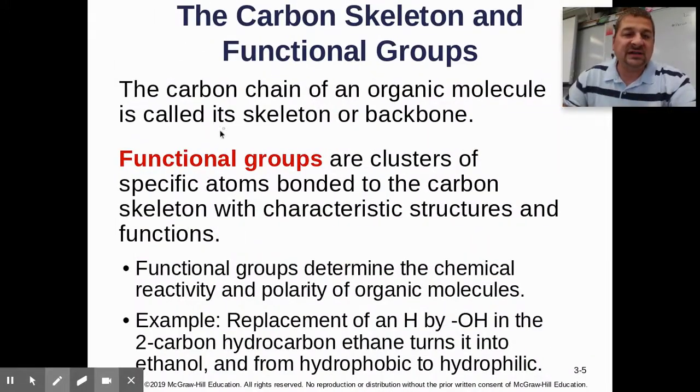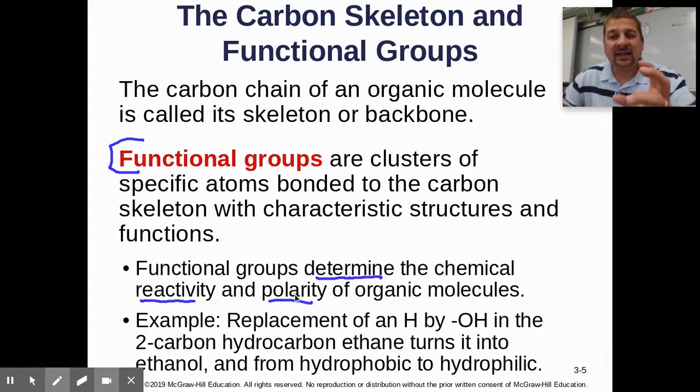Off of those carbon chains, you can have what we call functional groups attached. These functional groups are important because they determine the chemical reactivity, the polarity of whatever biomolecule that functional group is attached to. Depending on the functional group, it will sometimes determine the shape. If you're talking a protein, how does it coil up into its final shape?